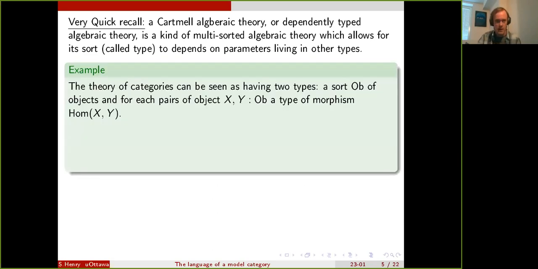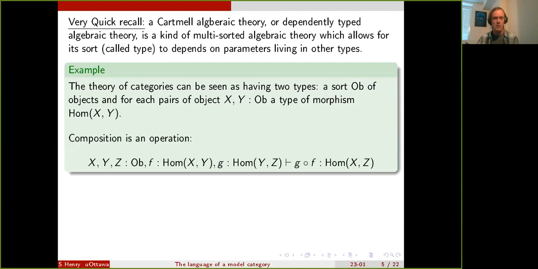So instead, I will give an example. The theory of categories, I can see it as such a Cartmell algebraic theory, where I have two sorts: one sort of objects, and for each pair of objects X and Y, I have a type of morphisms from X to Y. I could instead see the theory of categories as having just two sorts, one sort of objects, one sort of morphisms, and then I would need a partially defined composition operation.